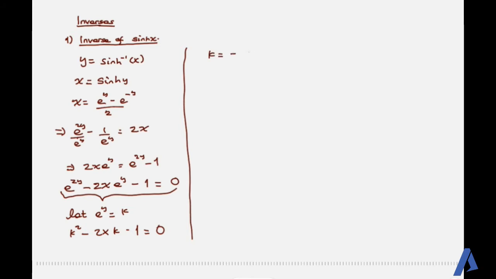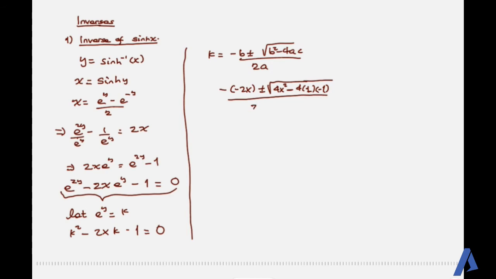So we said it is quadratic. k is equal to minus b plus or minus the square root of b square minus 4ac over 2a. This means minus of minus 2x plus or minus the square root of, where b in this case is 2x, 4x square minus 4 times 1 times minus 1, over 2 times 1.